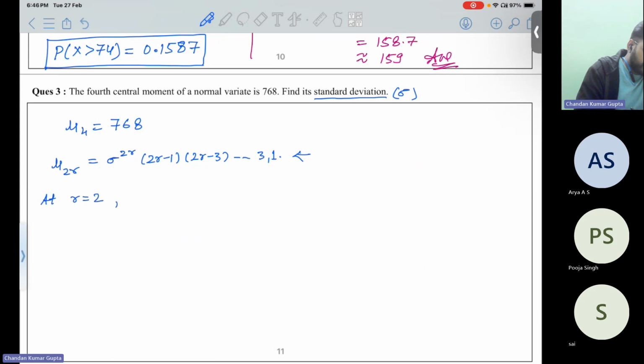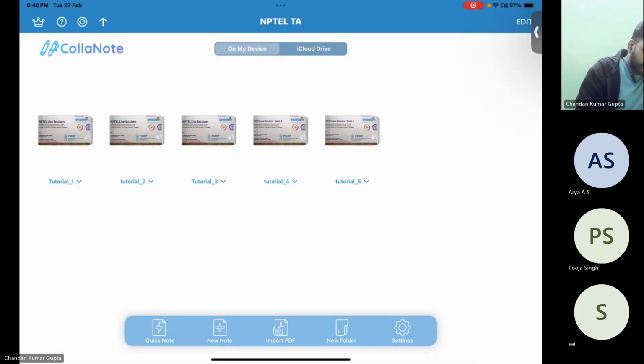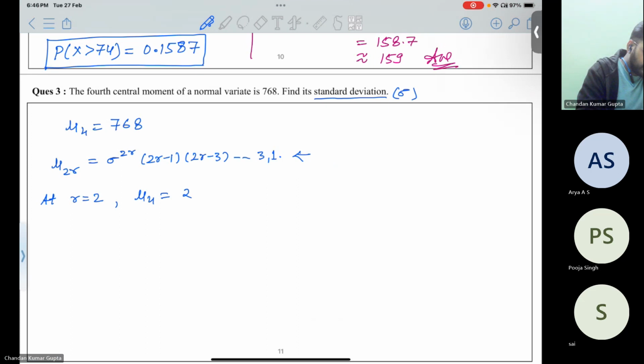At r equal to 2, mu4 equal to sigma to the power 4 into 3 into 1, which is equal to 3 sigma power 4.